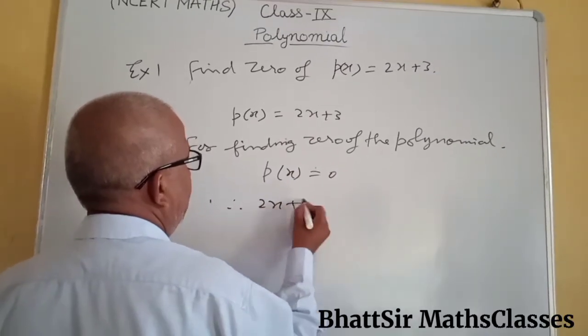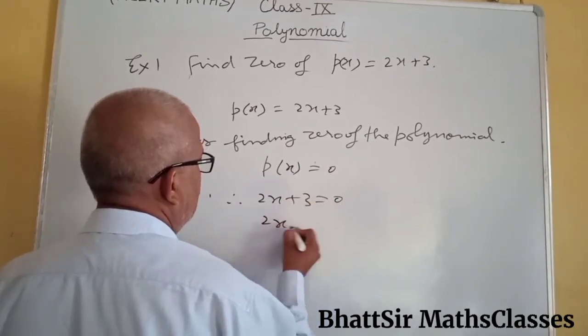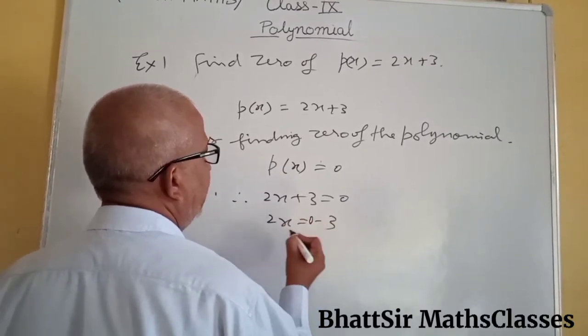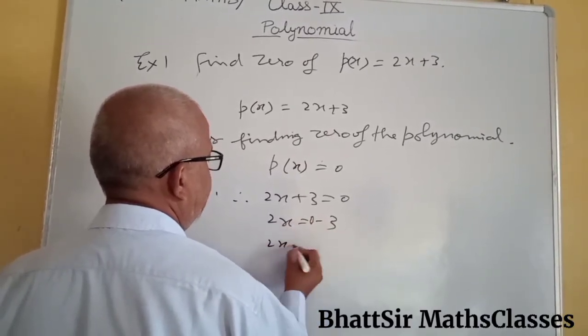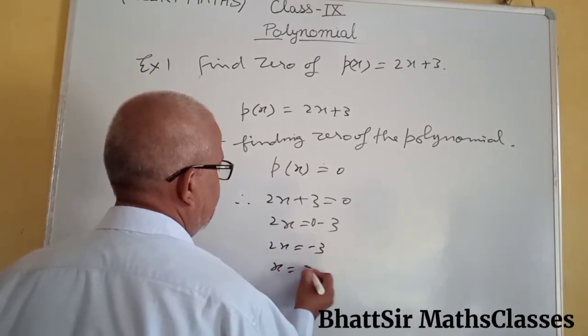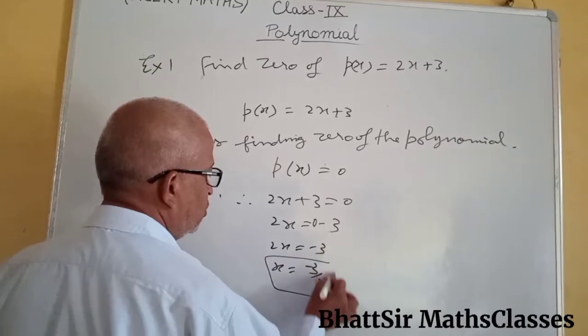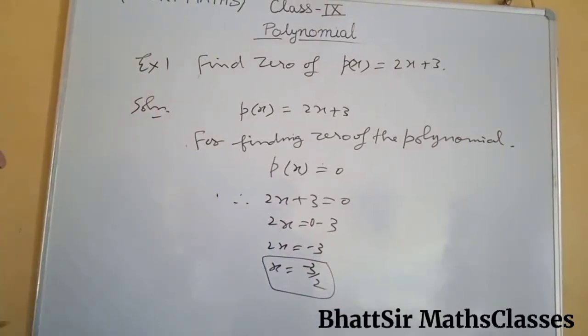Therefore 2x plus 3 equal to 0, 2x equal to minus 3, x equal to minus 3 by 2. It is the zero of the given polynomial.